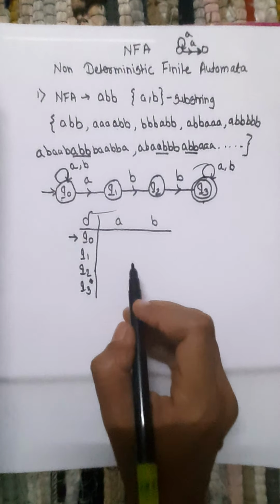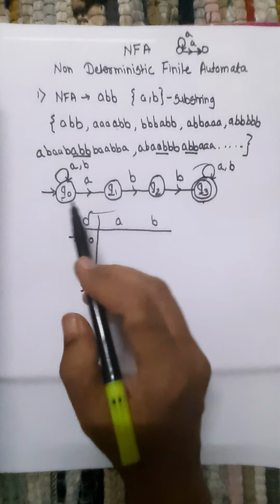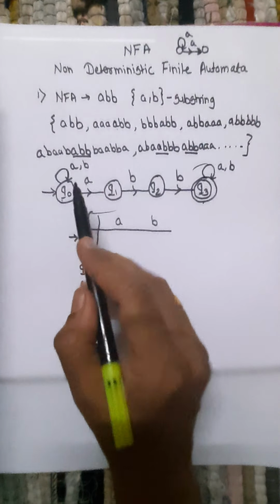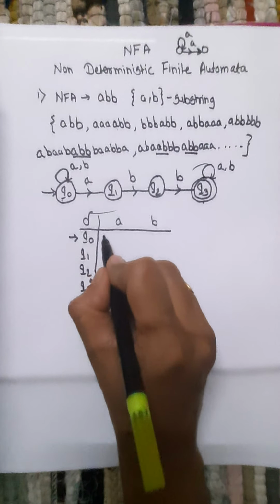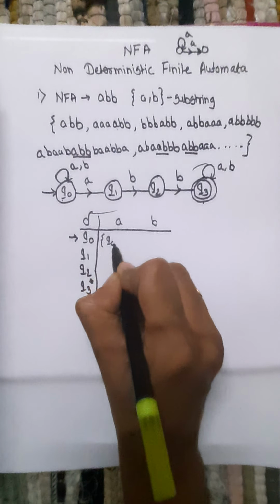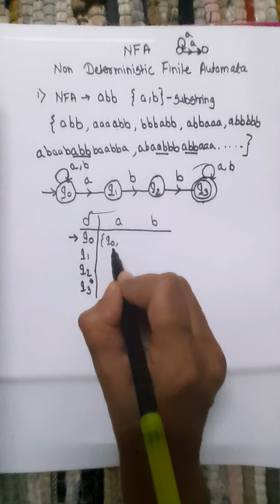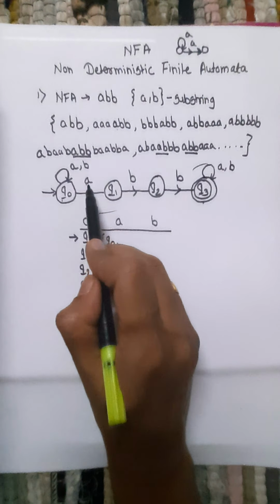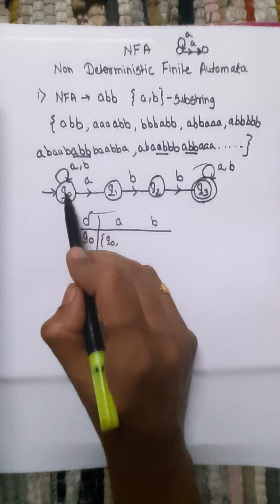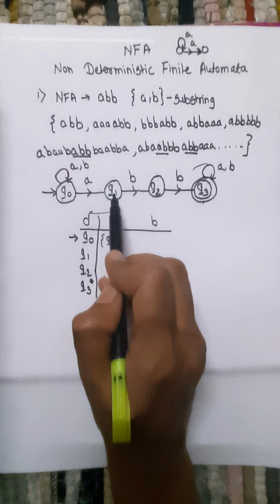a star as subscript. So Q0 on A. Now Q0 on A, it is going towards Q0 only. So I am writing here Q0 comma. Why am I giving a set here? Because from Q0 there are 2 arrows for input symbol A, and the second A is going from Q0 to Q1.